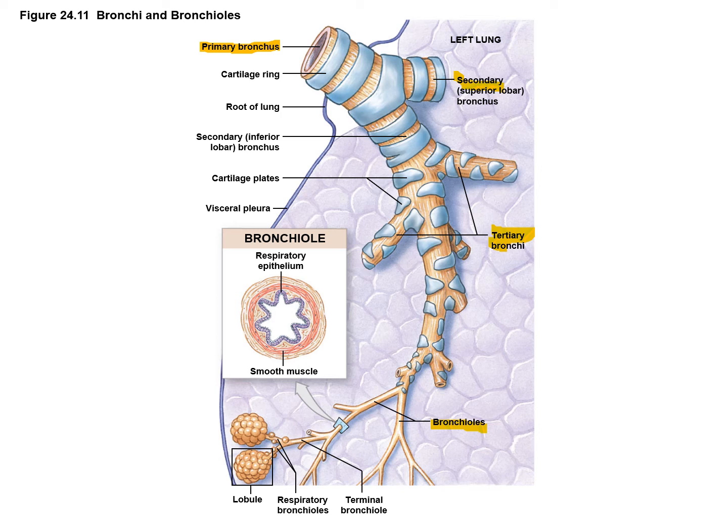During an asthmatic attack, smooth muscle in these terminal bronchioles bronchoconstrict, cutting off airflow to the alveoli. Each terminal bronchiole divides into several respiratory bronchioles, as can be seen here. So we go bronchioles to terminal bronchioles to respiratory bronchioles, and then to the alveoli themselves, which would be inside the lobule.